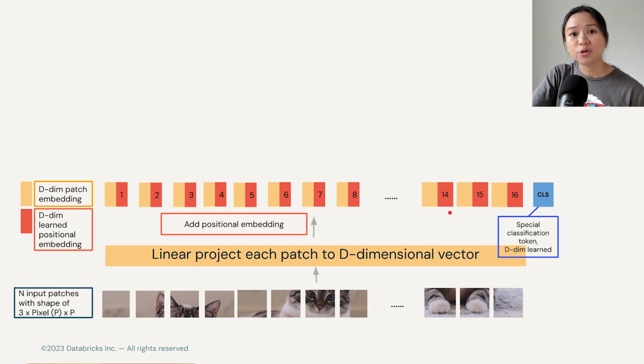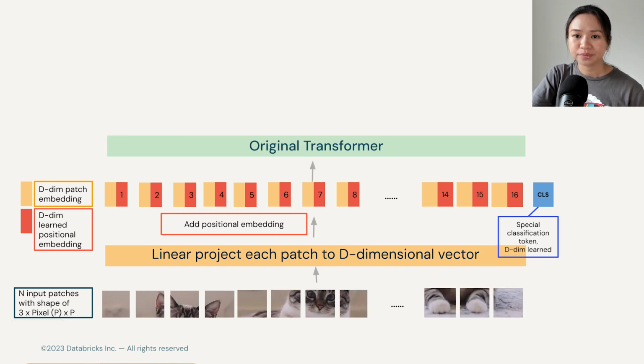So ViT also uses the same logic by adding this CLS token, otherwise also known as a learnable embedding. The output of this learnable embedding will then be used as an input to the classifier so that the classifier can learn to make accurate predictions later.